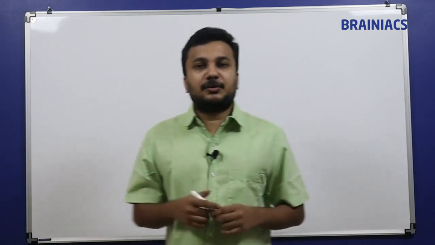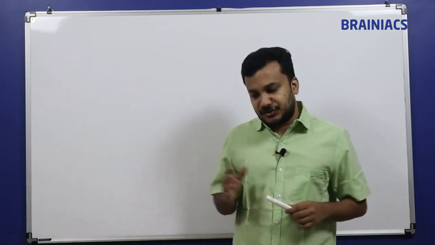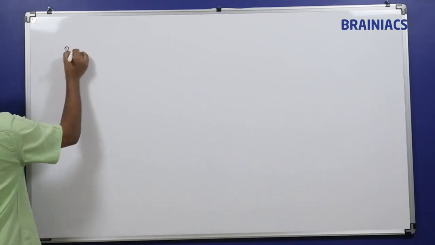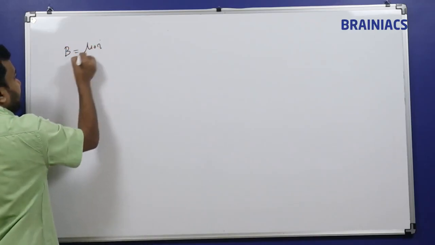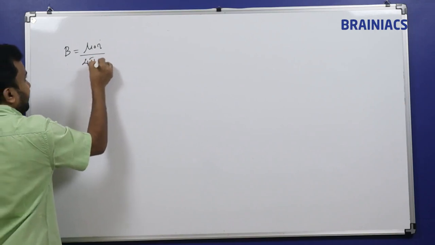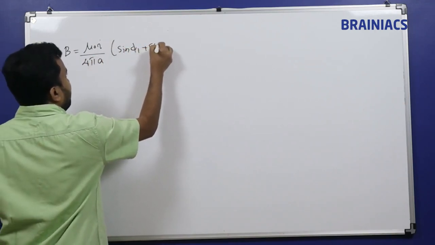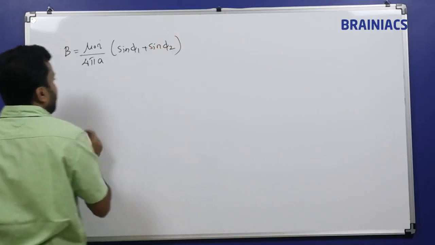So we are calculating the magnetic field due to a current carrying conductor. That's what we calculated in the last session, and we have the formula for magnetic field intensity B equal to mu 0 I divided by 4 pi A into sine of phi 1 plus sine of phi 2. This is what we discussed.